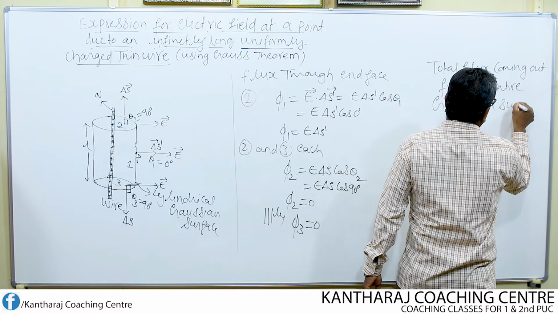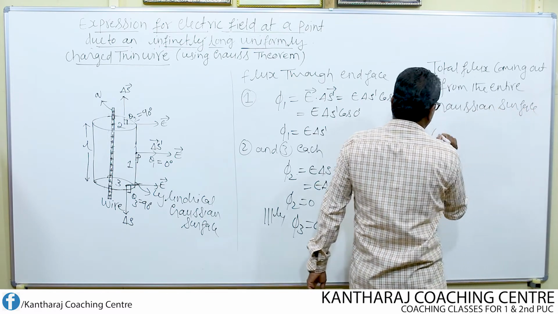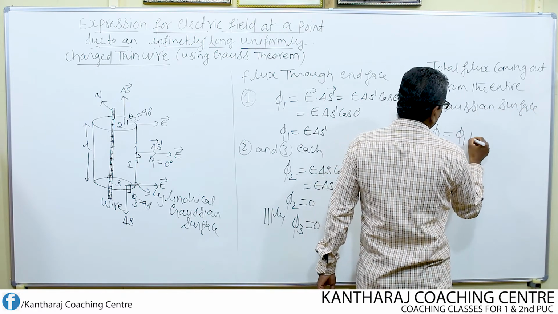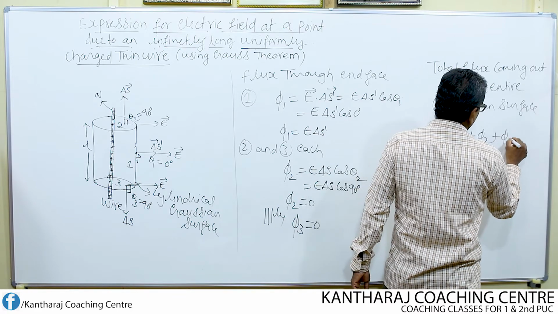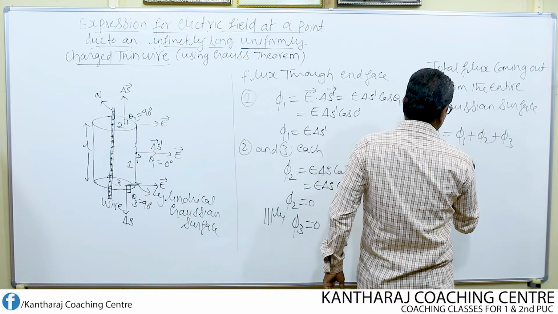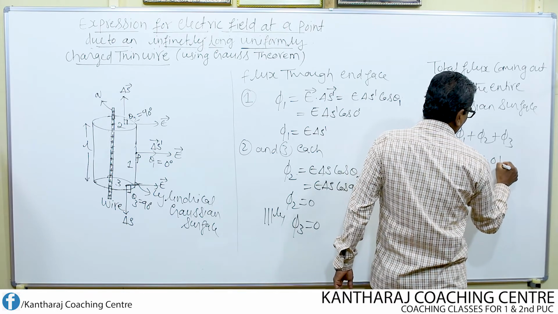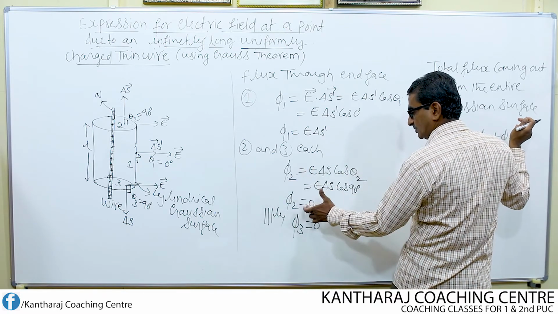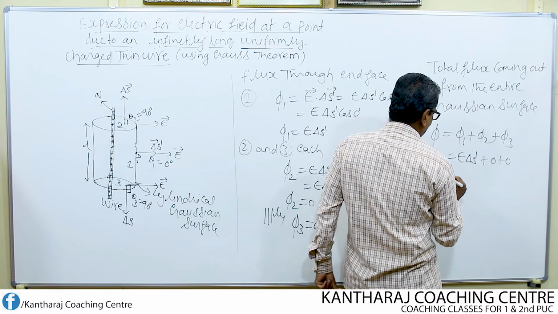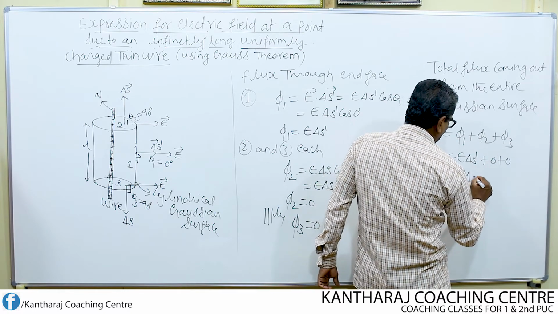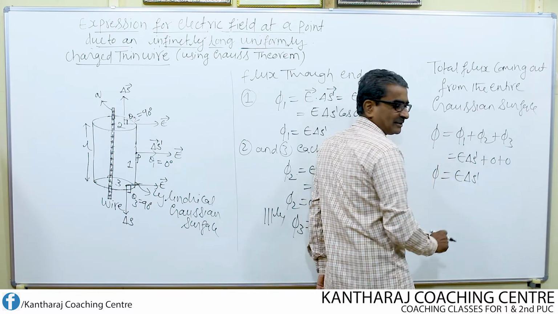It is given by phi equal to phi 1 plus phi 2 plus phi 3. What is phi 1? E into delta S dash plus 0 plus 0, because phi 2 is equal to 0 and phi 3 is also equal to 0. E into delta S dash, this is the total flux.